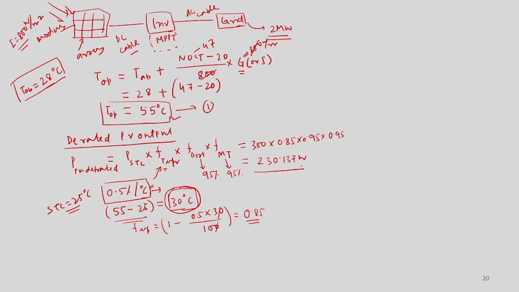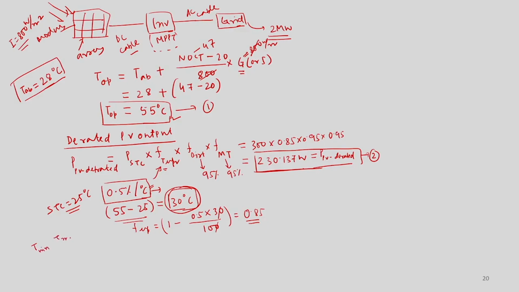So this is nothing but PV derated. This value is required, so we can write this as step 2.